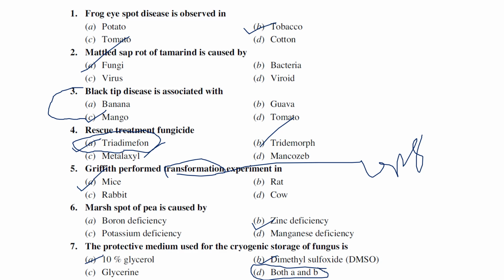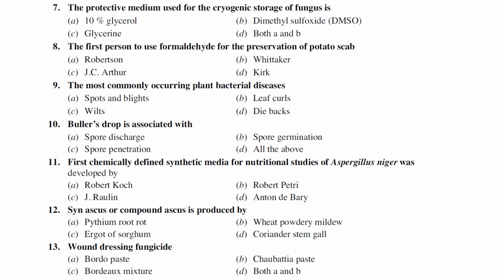For example, in some preservations we use dimethyl sulfoxide that can be stored up to 10 to 15 years, and in some we use 10% glycerol that can be helpful in preservation for 10 years or maybe 15 years, it depends, but both glycerol and dimethyl sulfoxide can be recommended as cryopreservants. I think the same question was asked. The answer is both A and B. Glycerol and dimethyl sulfoxide can be recommended for cryopreservation or cryo storage.